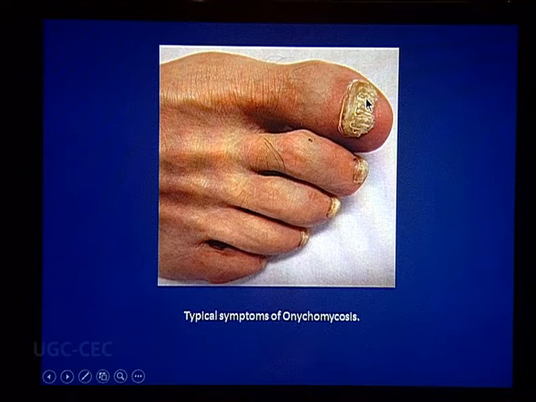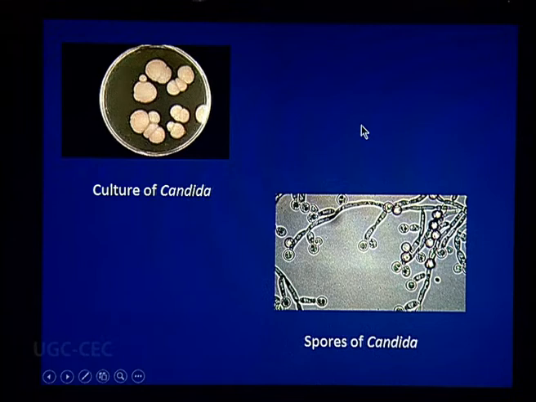This is the typical symptom of onychomycosis. It is actually caused by opportunistic fungi. One of them is Candida. These are the spores of Candida which can grow in those wet areas of the nail. It can also be caused by Trichophyton interdigitale. Interdigital meaning in between digits, but it can spread to nails.